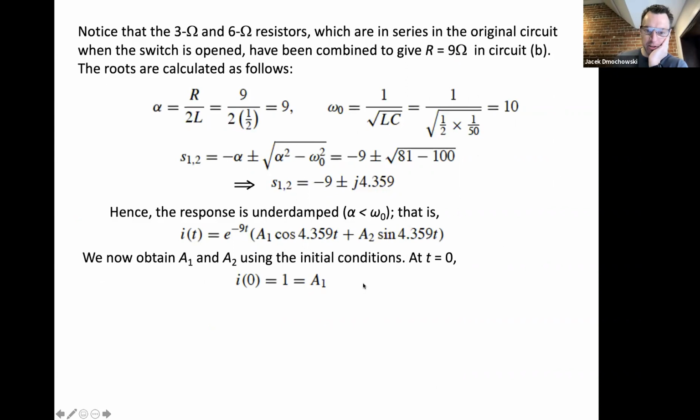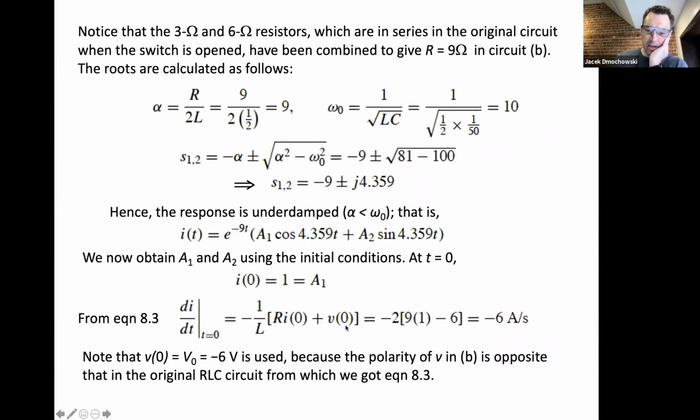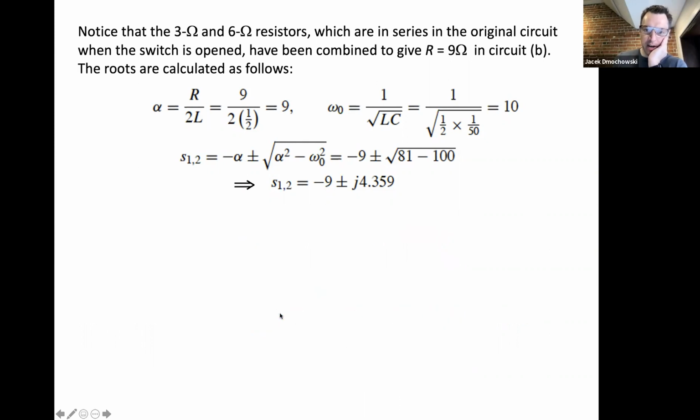So we're almost there. So now we have the value of A1, but we still need the value of A2. So the way that we get A2 is by getting the initial derivative of I. Right? So if you recall last class, maybe I'll just derive this.